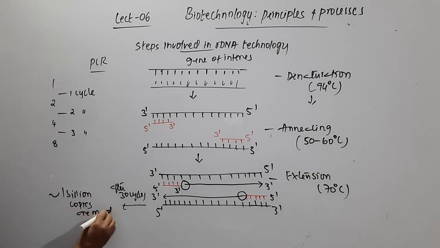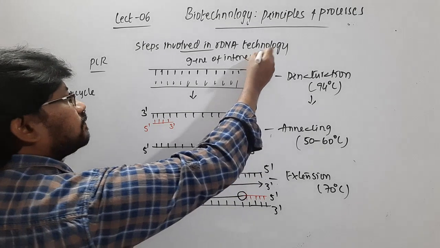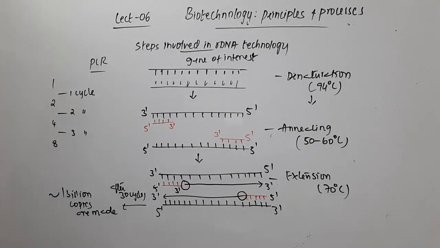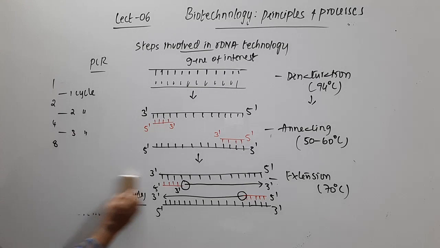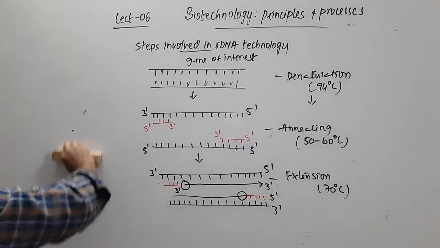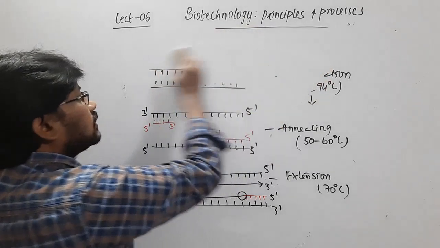So this is the process of PCR, which is used to amplify the gene of interest, which means increasing the number of copies, right? So that's all about the PCR, a very important one.